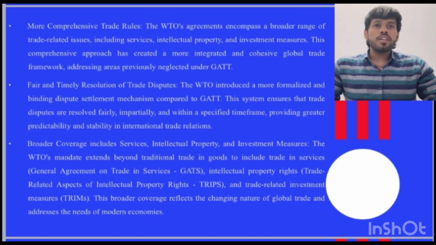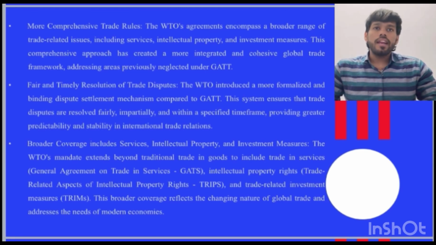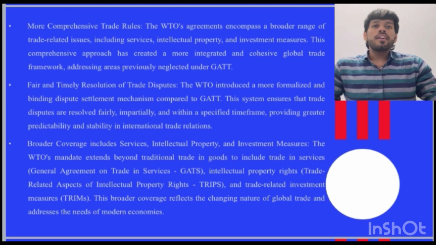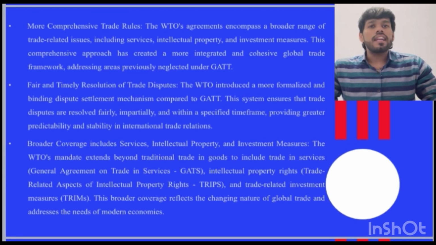More comprehensive trade rules. The WTO agreement encompasses a broader range of trade related issues, including services, intellectual property, and investment measures. This comprehensive approach has created a more integrated and cohesive global trade framework, addressing areas previously neglected under GATT.